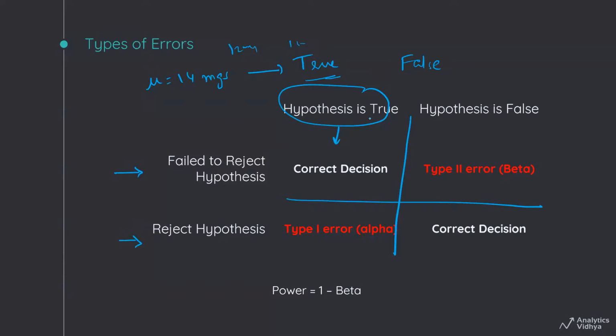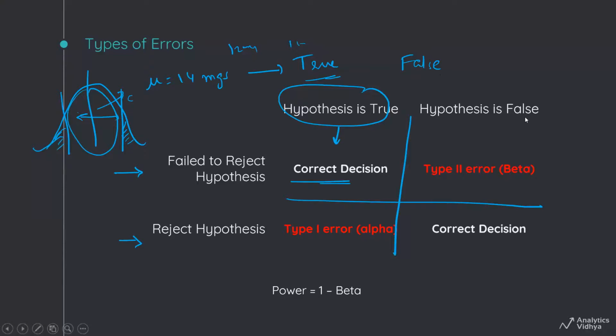Now when the hypothesis is true and you fail to reject the hypothesis, my critical values are here. Your hypothesis is true and the sample statistic is falling in this region, right? So it is a correct decision. You're good with this decision. When your hypothesis is true, you should be failing to reject your null hypothesis.